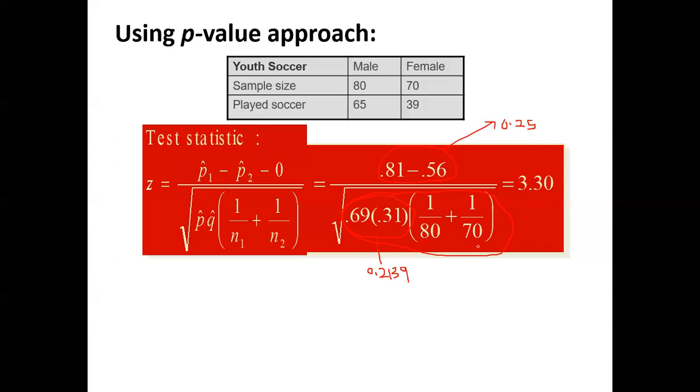Okay, and then you will calculate for 1 divided by 80 plus 1 divided by 70. So this one you will get 0.0267.